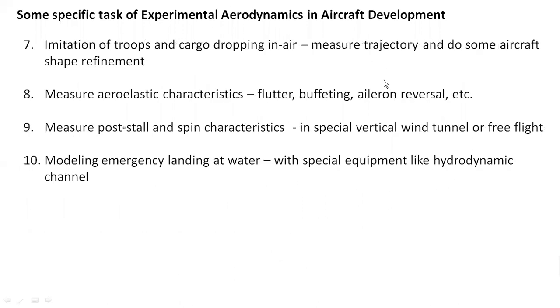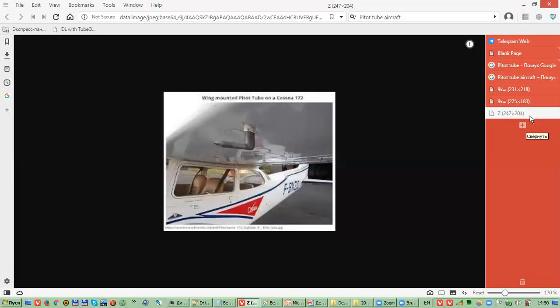Seven. This is the troop and cargo dropping in air. You must measure the trajectory of your cargo and if necessary, make some aircraft shape refinement. For example, return to Google.